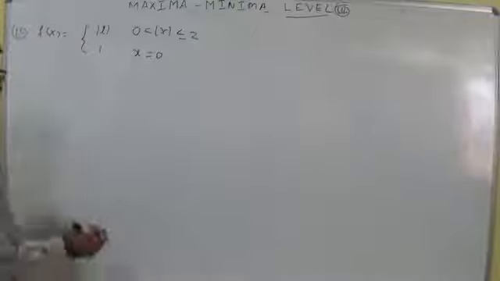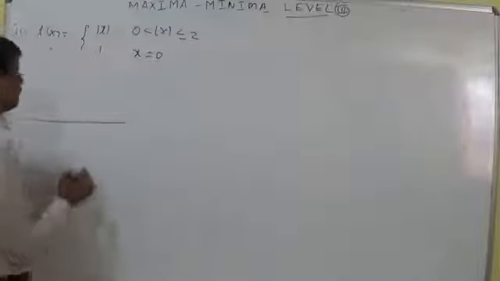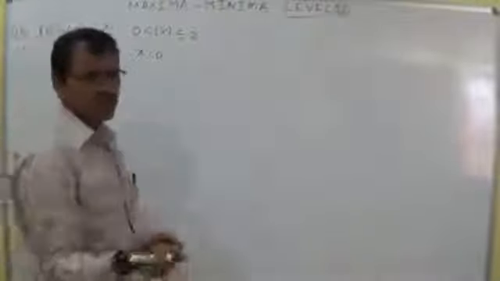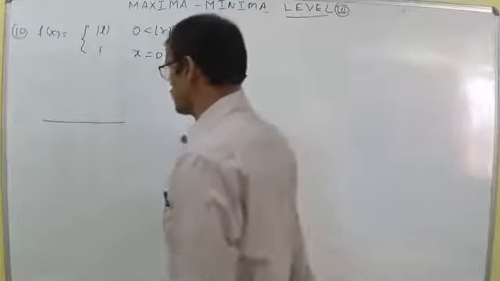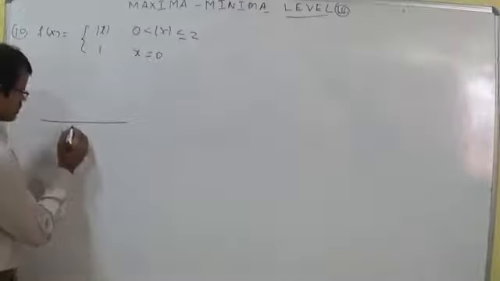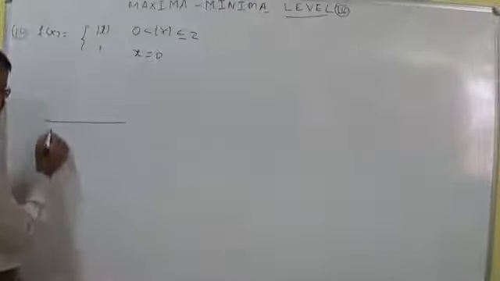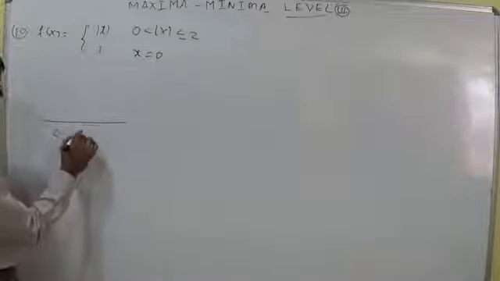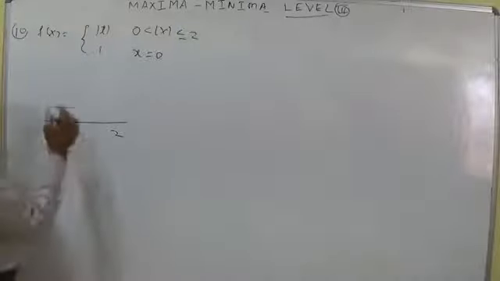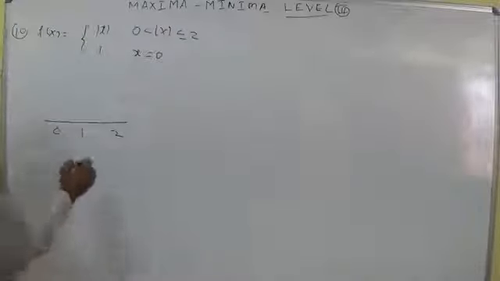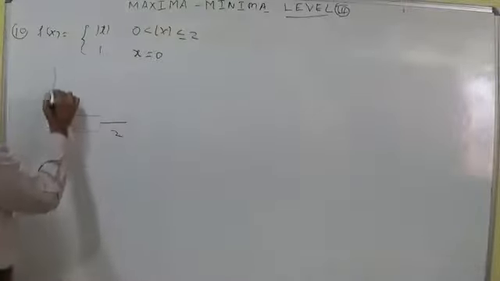Let us discuss the graph. Here, for the domain, we should take 0, 1, 2 also. Between 0, 1 and 2 you can draw the graph of modulus x. This is 0, so no need to write positive, students. This is 1, this is 2. But at 1 he has given 0. Let us write the y-axis.